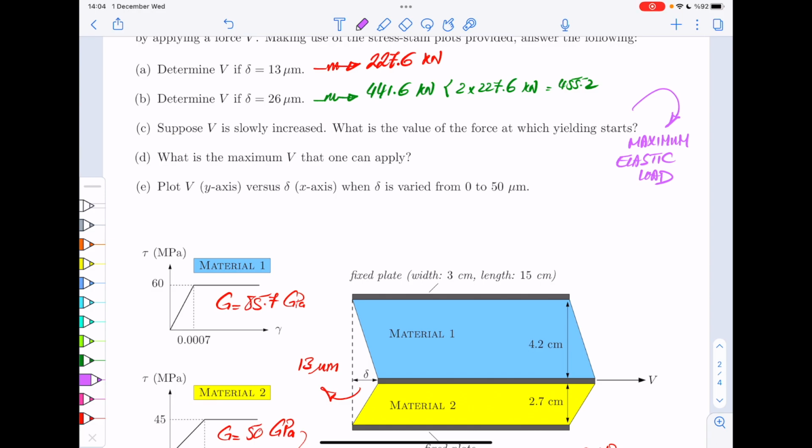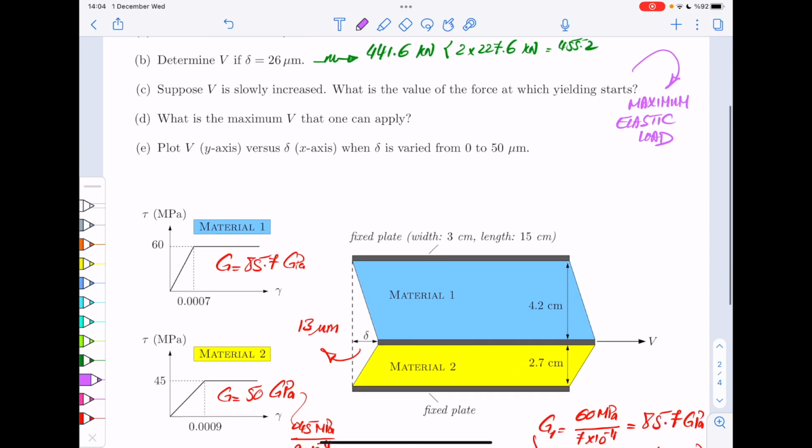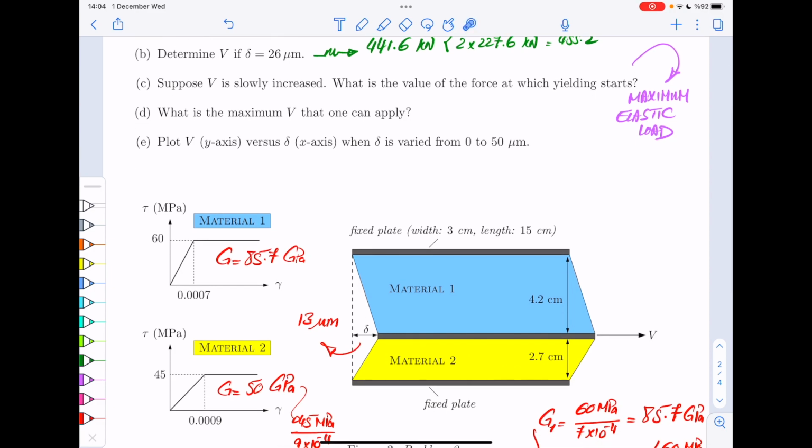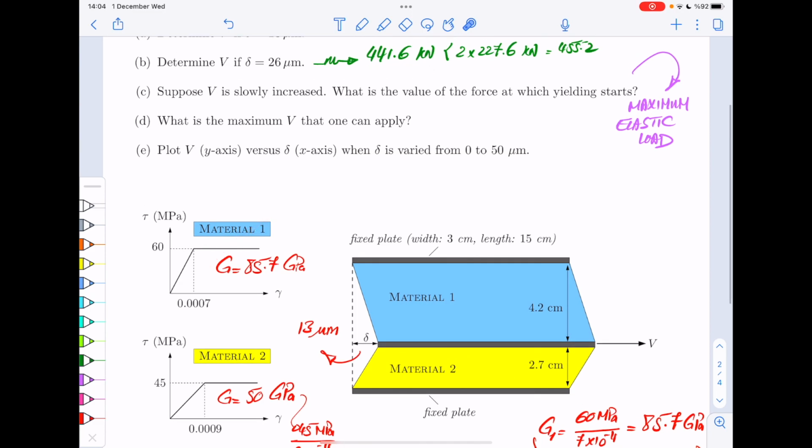We already know that for this much force, the first one is elastic, and the second one got plastic, right? So the second one is the critical material. So we should find out at which point, or for how much delta, this one starts to yield, and then insert that value.